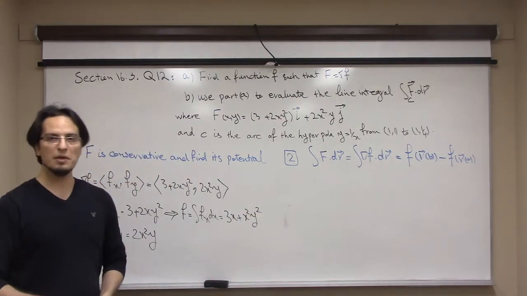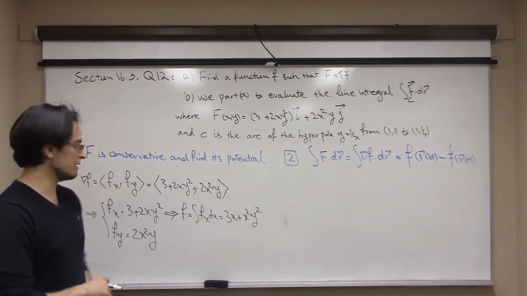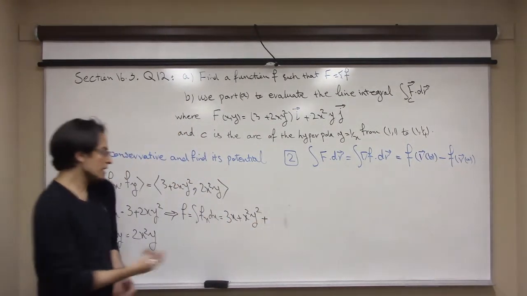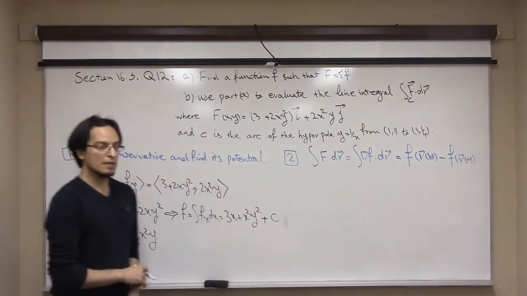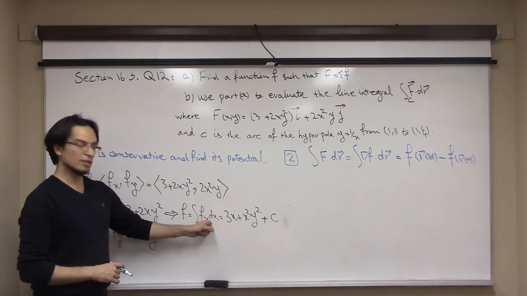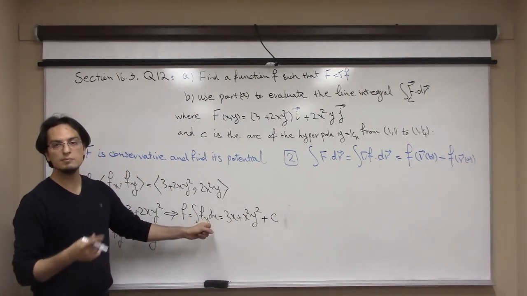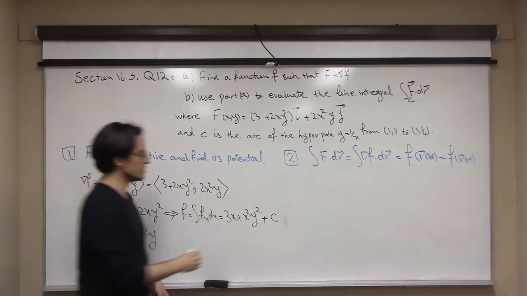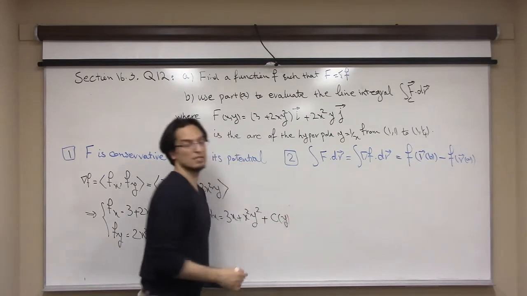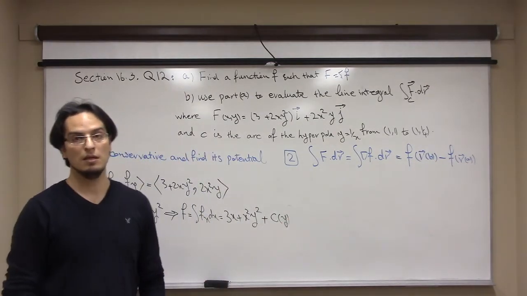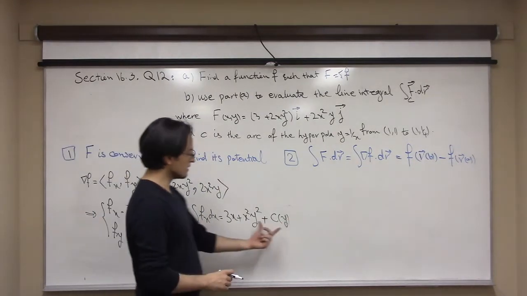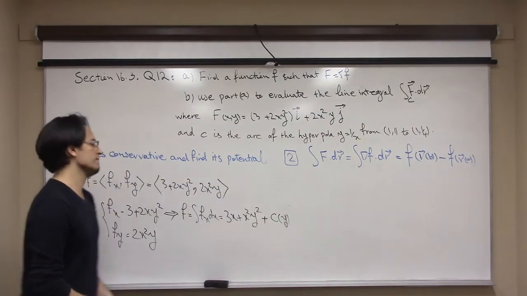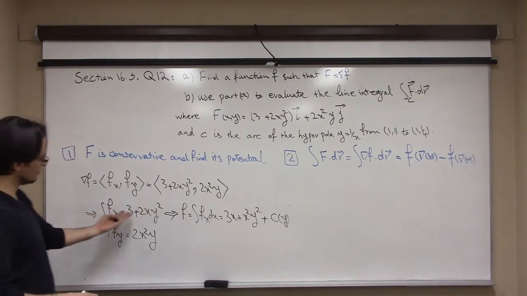But if you remember from antiderivatives, I can have any constant c here. Since I just integrated with respect to x, that constant can be anything in terms of y. So instead of a constant, we might have a function completely in terms of y. That's what we get from this.